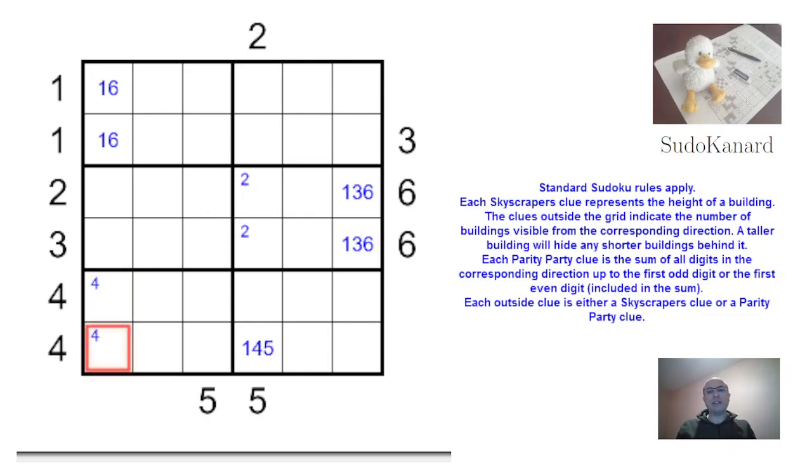So let's try to put a skyscraper clue here. So 4 is here, 6 is there, and this starts with 2 or 3, in which case this can now only be a parity party starting with 5. We know that this digit and this digit are hidden, so those are in ascending order.